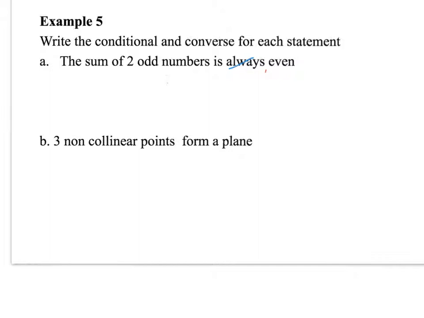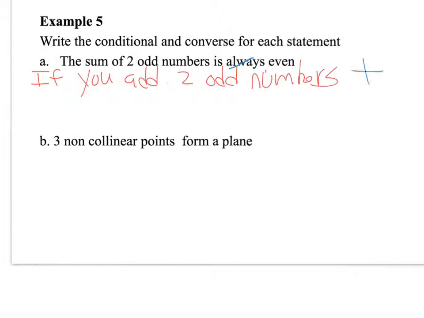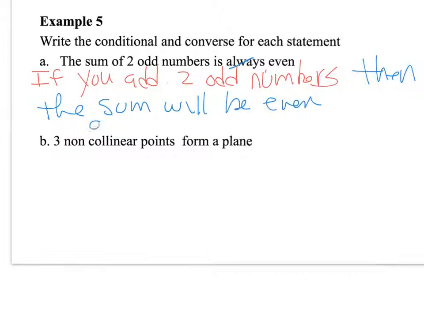If you add two numbers that are odd, okay, so let's say it that way. If you add two odd numbers, then the sum will be even. Or you could say the answer will be even.